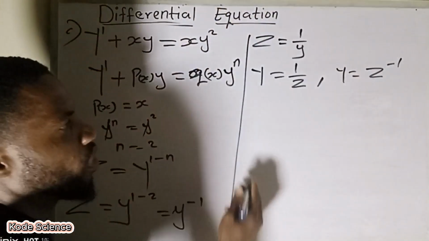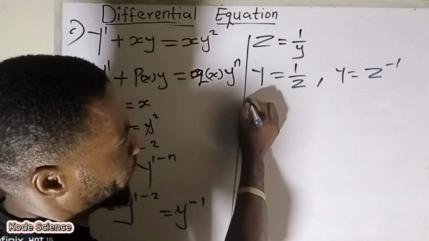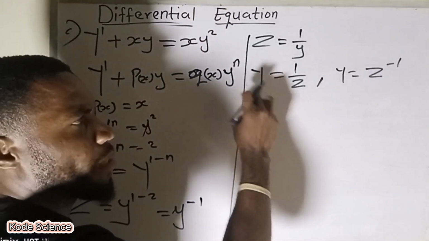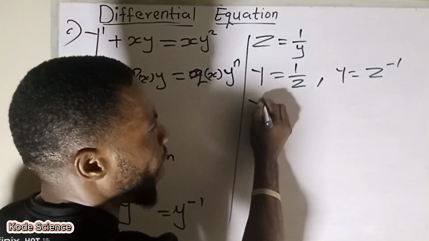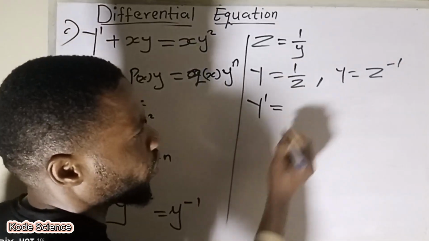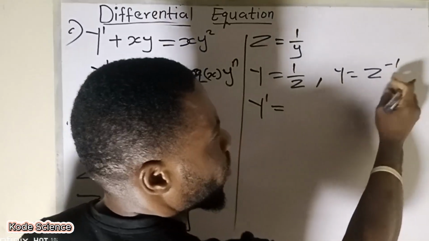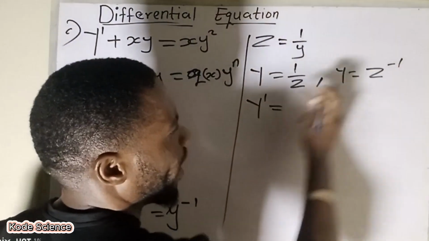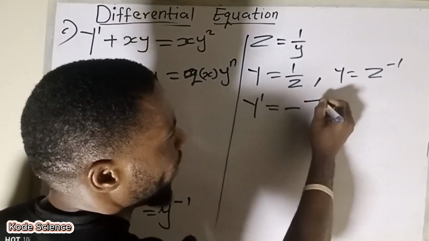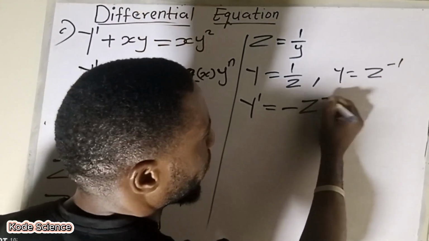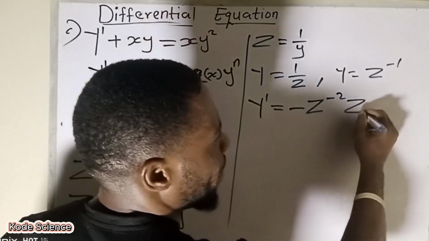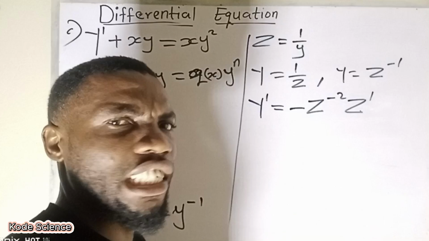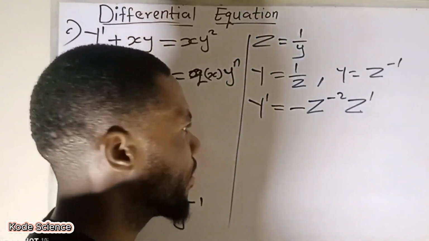So let's differentiate this. If we differentiate y with respect to x, we are going to have y prime, which is equal to, when we differentiate z with respect to x, minus 1 times z, reducing the power by 1 to minus 2, then z prime. Why? Because we are differentiating with respect to x.